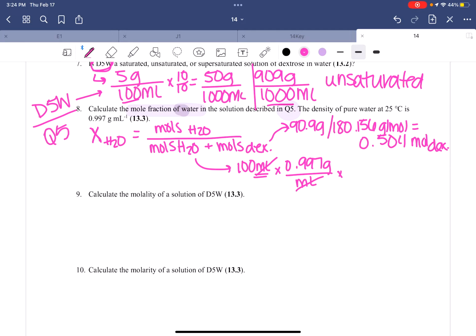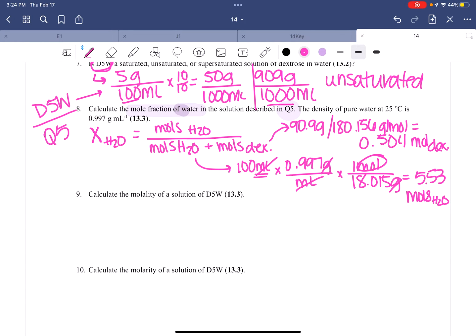Then we can use our molecular weight of water, which is 1 mole over 18.015 grams. That makes the grams unit cancel out and leaves us just with moles, and that turns out to be 5.53 moles of water.